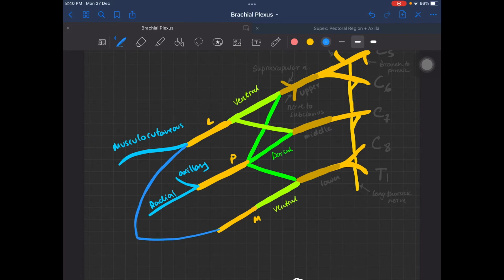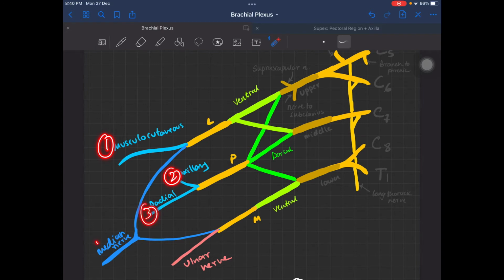They are called the lateral root and medial root of the median nerve because they join to ultimately form the median nerve. And the last terminal nerve coming from the medial cord is the ulnar nerve. So we got our 5 terminal nerves: the musculocutaneous, the axillary, the radial, the median nerve, and the ulnar nerve.